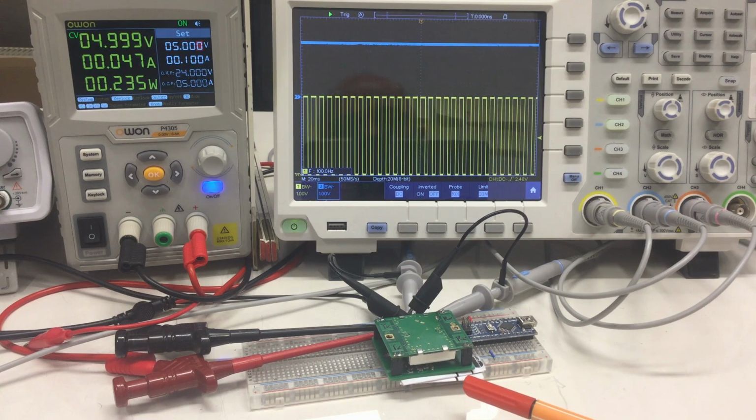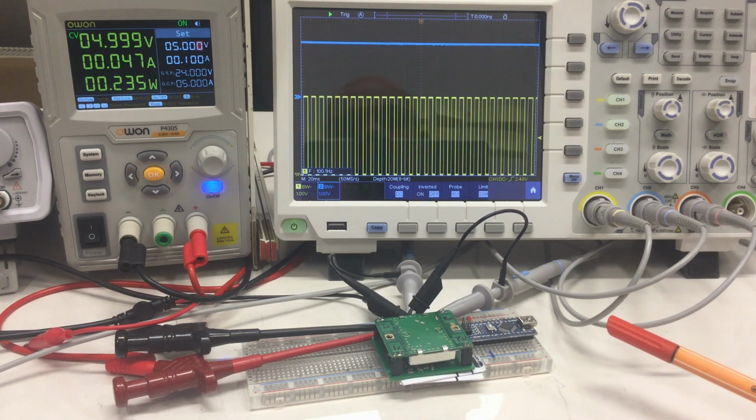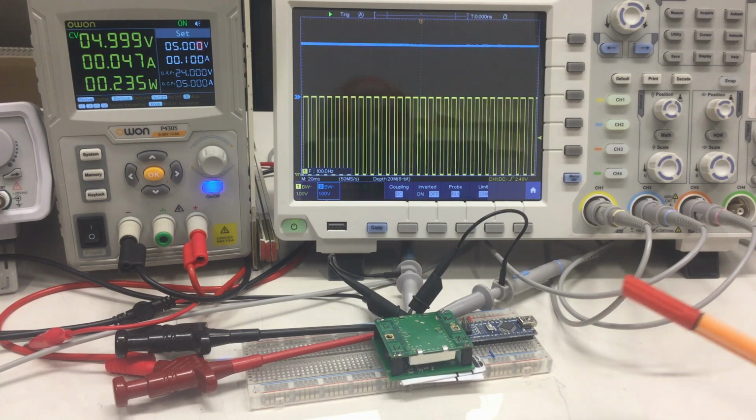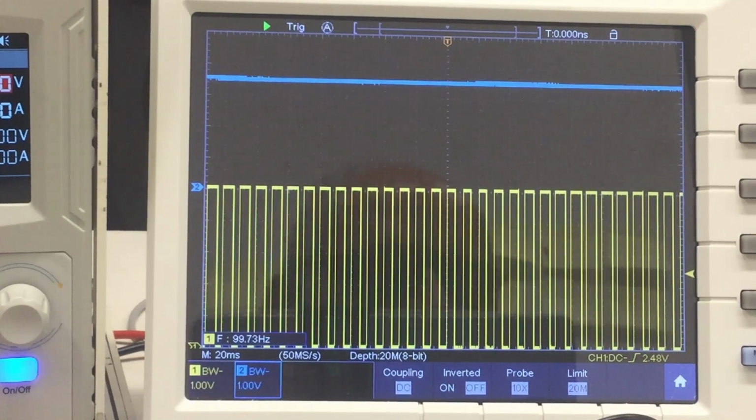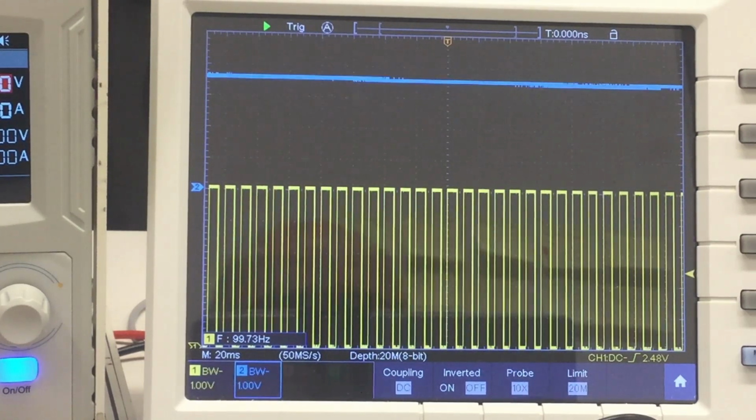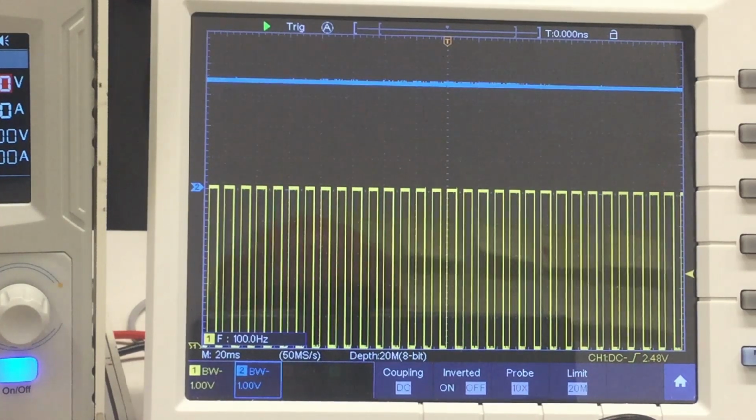And the first thing we notice is we get a square wave signal out. And I don't know if you can see it. Let me zoom in. And I cannot point with the pen or my fingers to it because it will immediately disturb the signal.